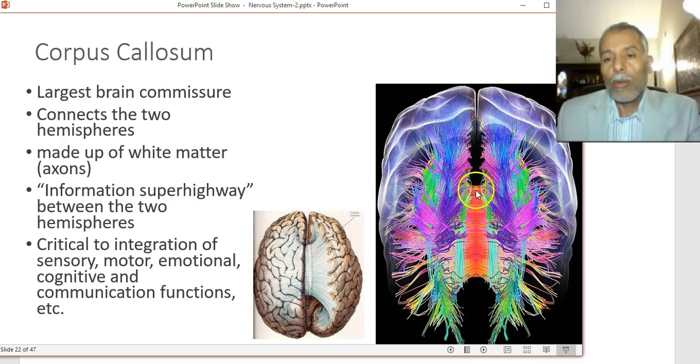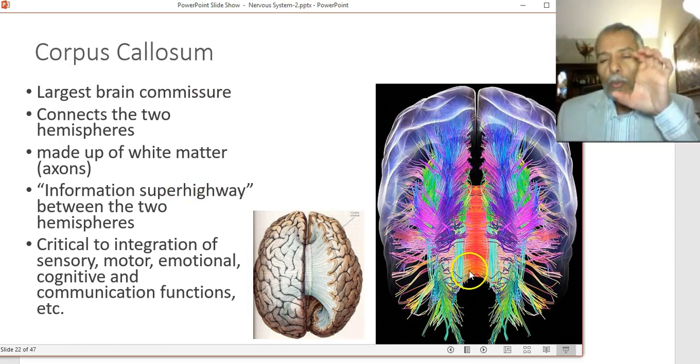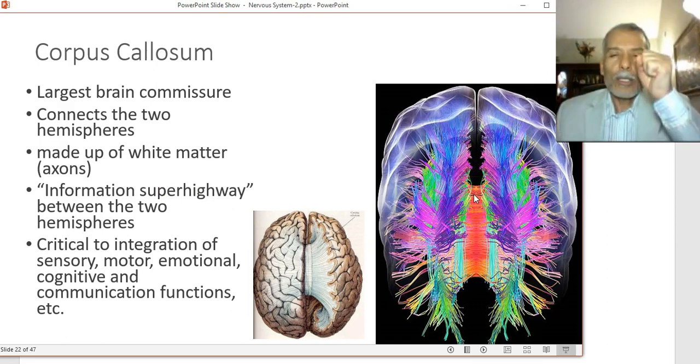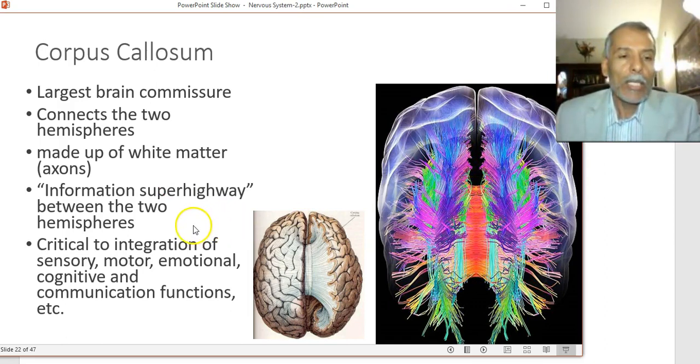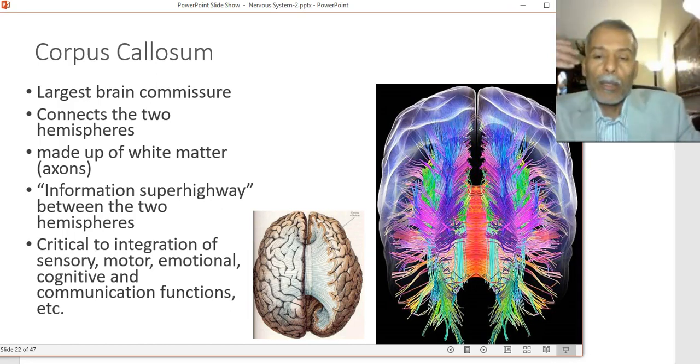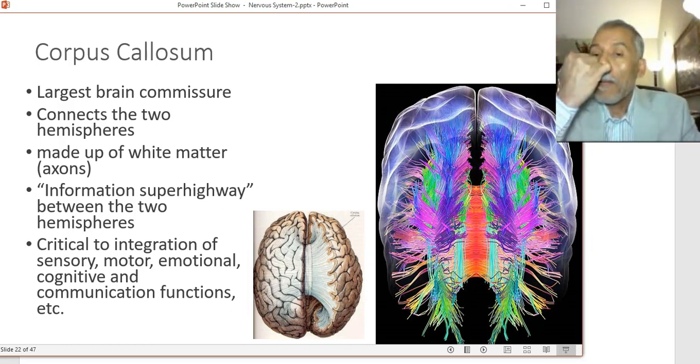And it is all made out of compressed white matter, and this is why it is callous. It carries information from one side to the other. What people were saying in the past, that you are a right brain or you are a left brain, these are all myths.